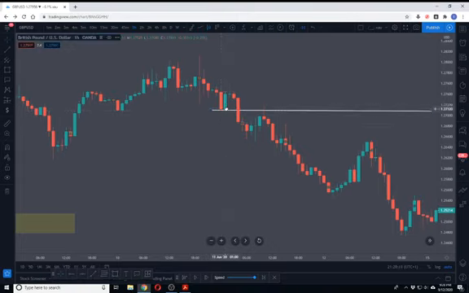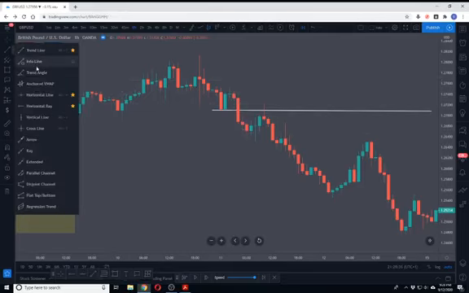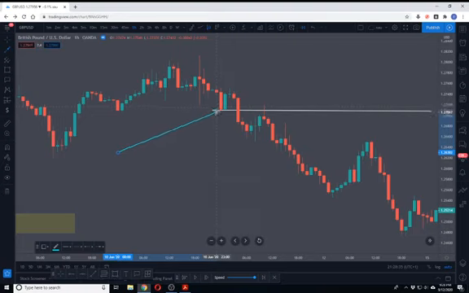So if you have a look at this order block here, or this is your demand zone, price moves away from it. This candle here is your demand, price moves away and it comes back.